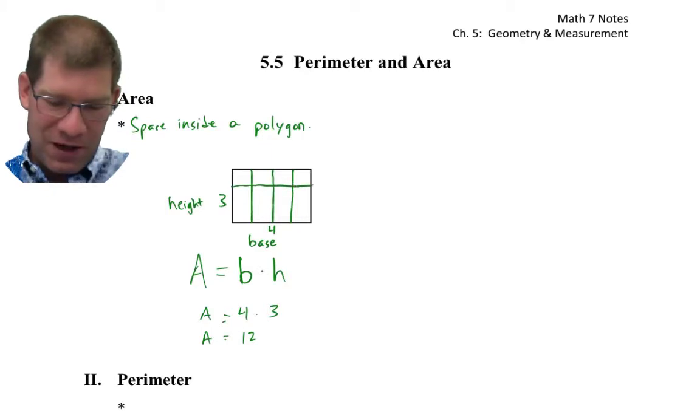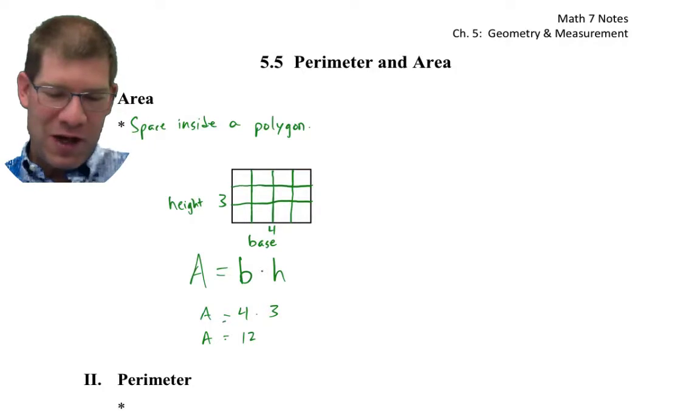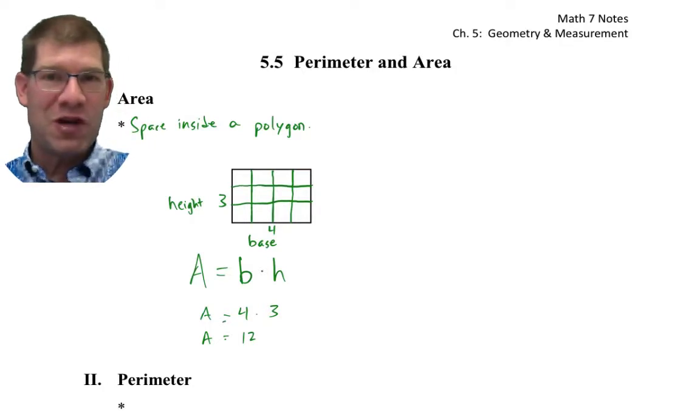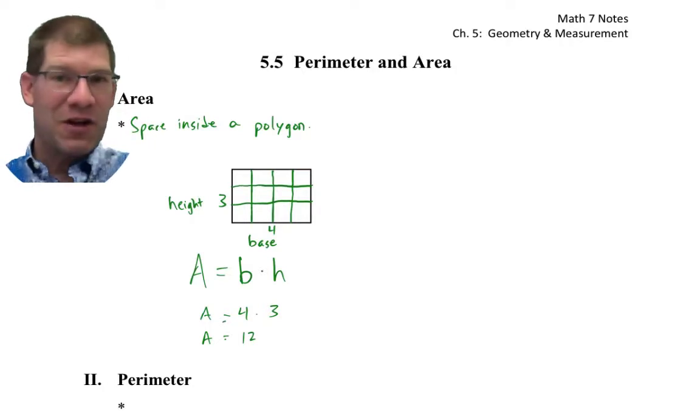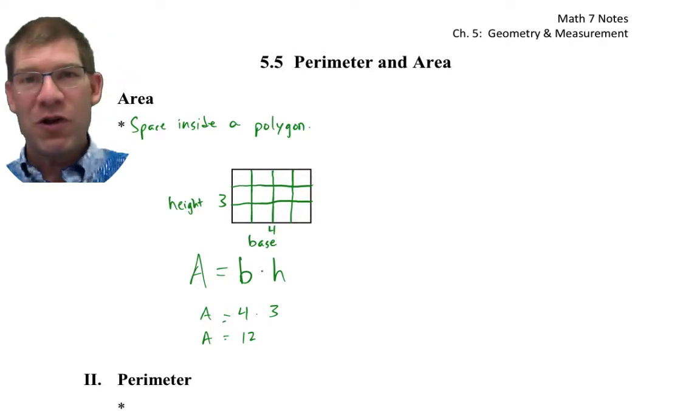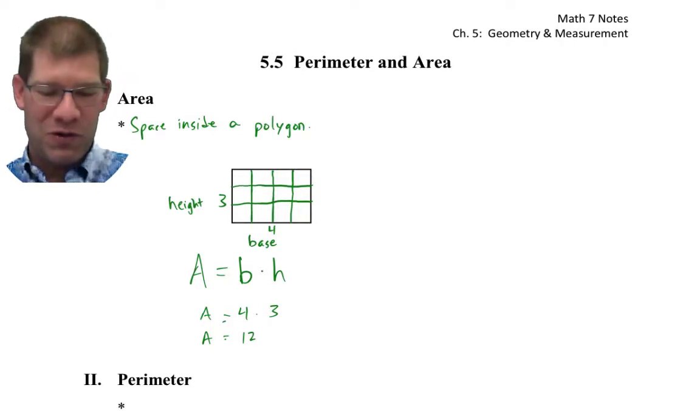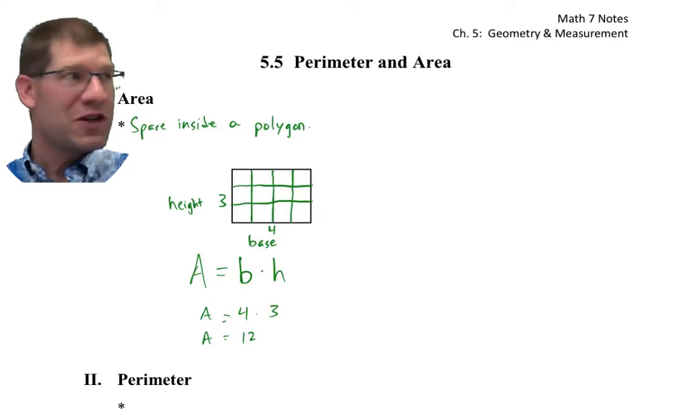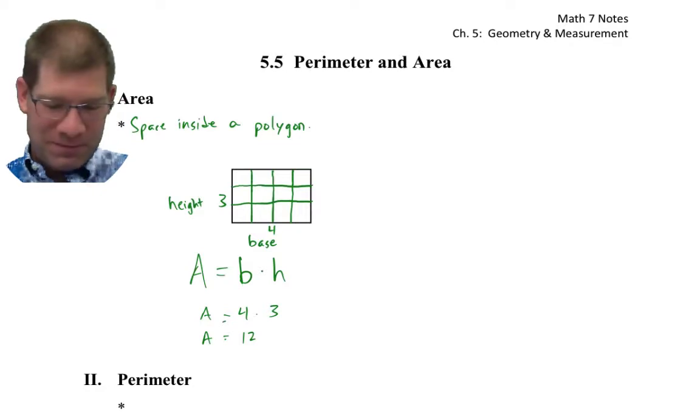If I cut this one in half there, essentially if I count up the number of squares, since I have a grid of 3 going one direction and a grid of 4 going the other direction, I should have 12 total. And if I count all those up, 1, 2, 3, 4, 5, 6, 7, 8, 9, 10, 11, 12. So I have 12 of these little squares, 12 square units.